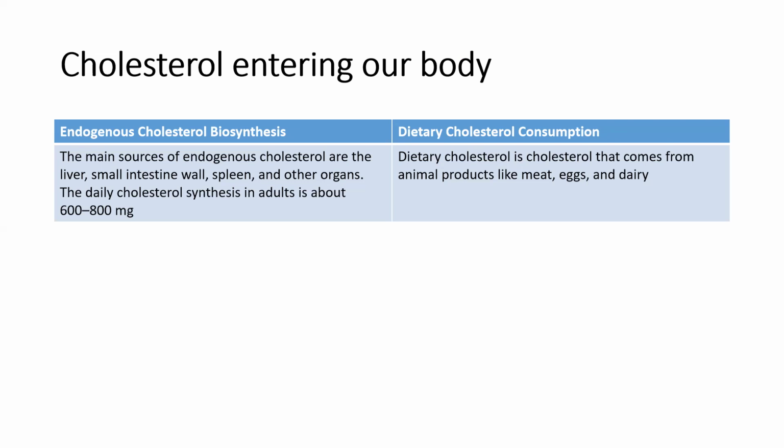The major source of endogenous cholesterol is the liver, then the small intestine, spleen, and other organs. The daily cholesterol synthesis in adults is around 600 to 800 mg, whereas dietary cholesterol comes mostly from animal products like meat and eggs, or dairy products like cheese, butter, milk, etc.